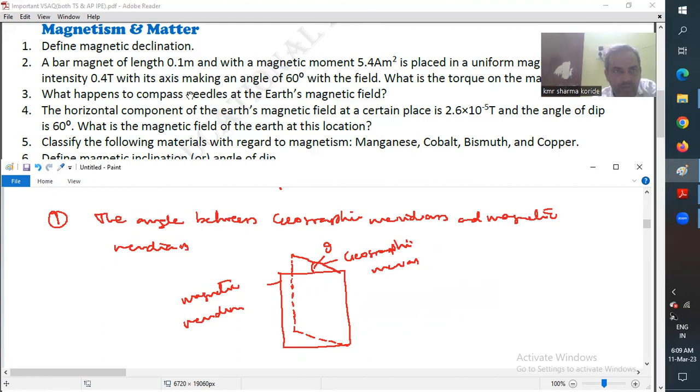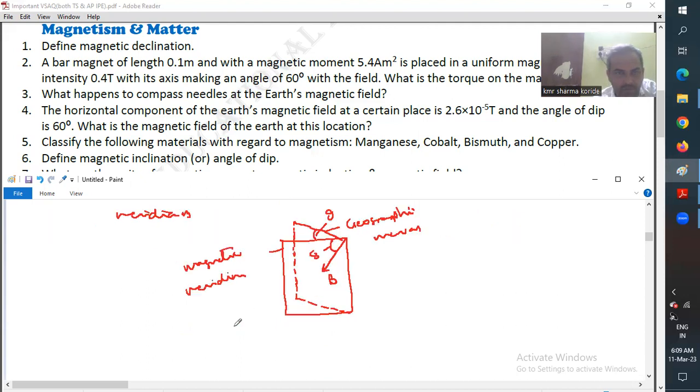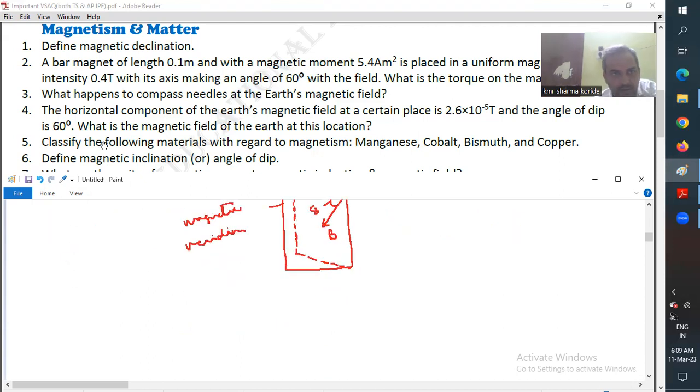Next, moving to the sixth question, let us complete the definition of magnetic inclination or dip. This is the resultant magnetic field of the earth. How can you define the inclination or dip?